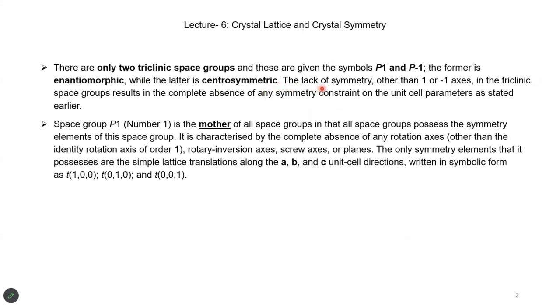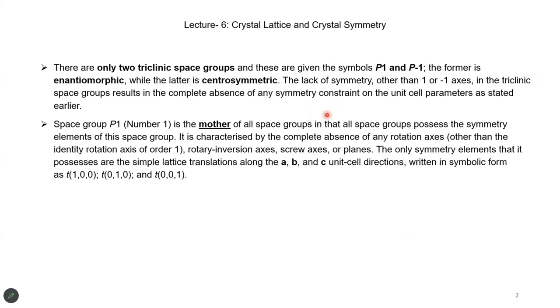The lack of symmetry other than one-fold or bar one-fold axes in the triclinic space groups results in a complete absence of symmetry constraint on the unit cell parameters, as we discussed earlier.